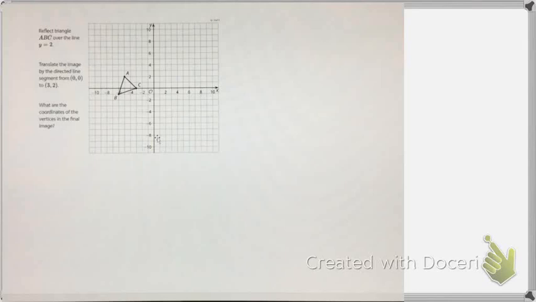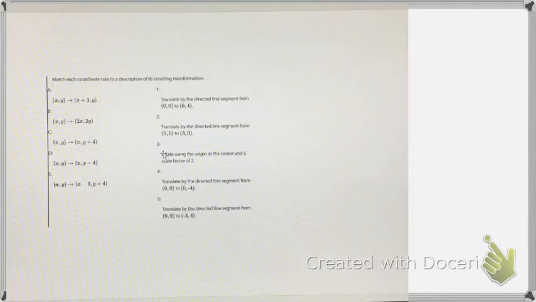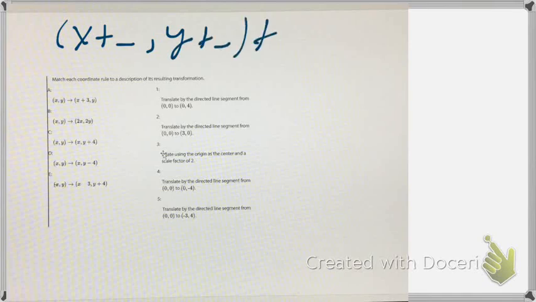Okay, number 5. Let's see what we got here. We got some matching. All right, should be self-explanatory, but just remember, when you get x plus something and y plus something, you got a translation.